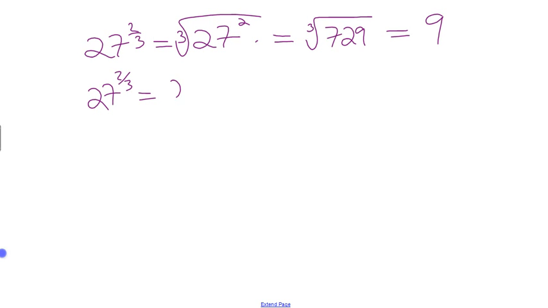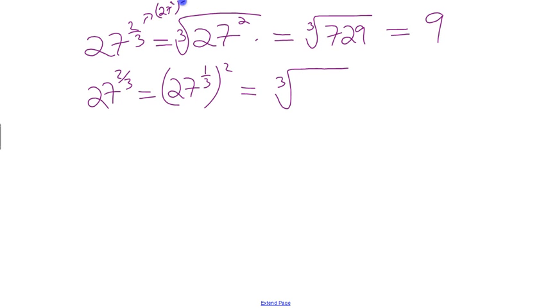But optionally, of course, you could do it this way. You could say it's 27 to the 1/3 squared, which is the cube root. I really left that out up here. I really should have said here that this was 27 squared to the 1/3, which is off the screen there.